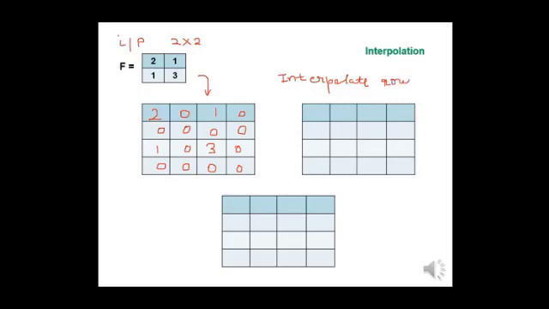So add 2 and 1, we have the sum as 3, and divide it by 2, taking its average. So we will write 1.5 in the middle, first column second row.